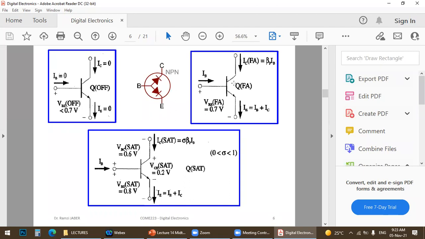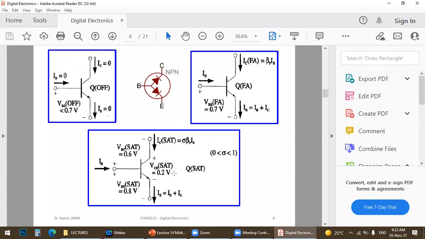Here, linear mode: actually the VBE will be between 0.6 and 0.7. When VBE is between 0.6 and 0.7, this transistor acts in linear mode. So here we have IC equals beta IB, and always IE equals IB plus IC.